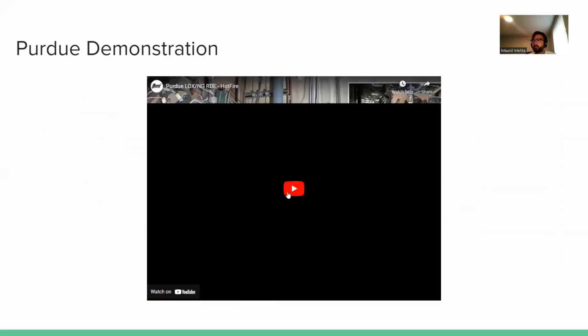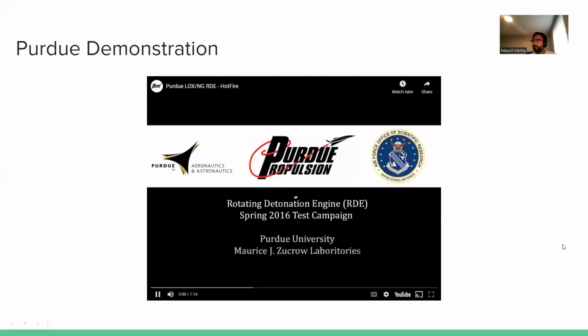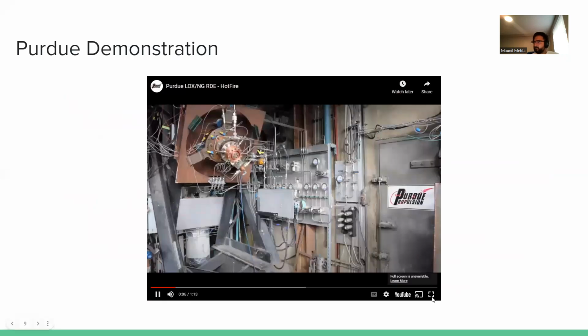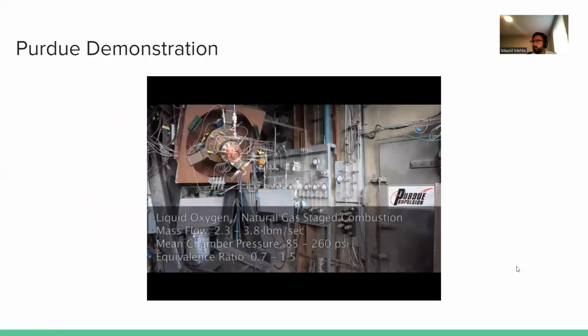Here's a demonstration of Purdue's engine. So you can see it's a smaller scale.